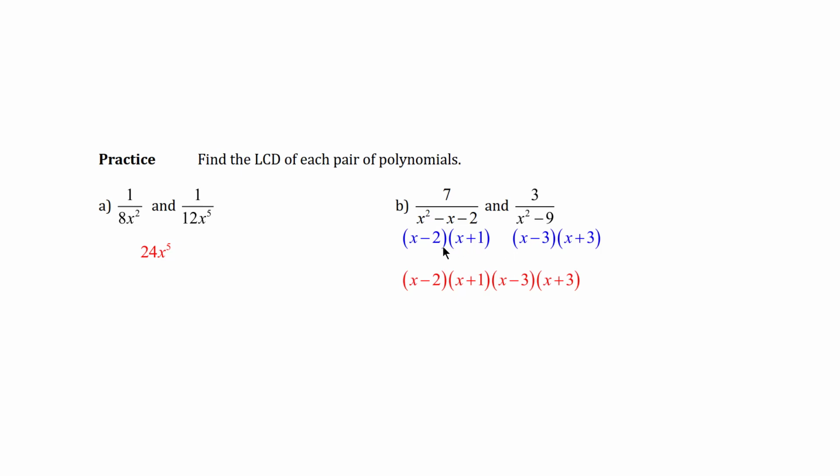So from the first denominator, we include the x minus 2 and the x plus 1. From the second denominator, we don't have an x minus 3 or an x plus 3, so we include them both in our LCD. Our final LCD is parentheses x minus 2 times parentheses x plus 1 times parentheses x minus 3 times parentheses x plus 3.